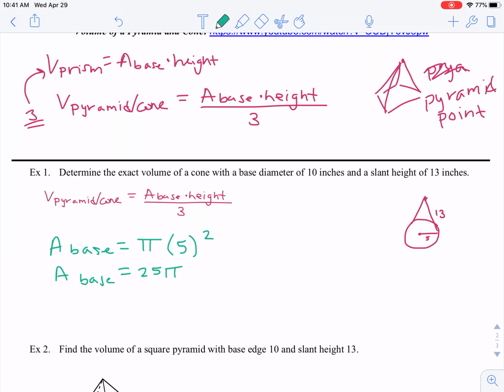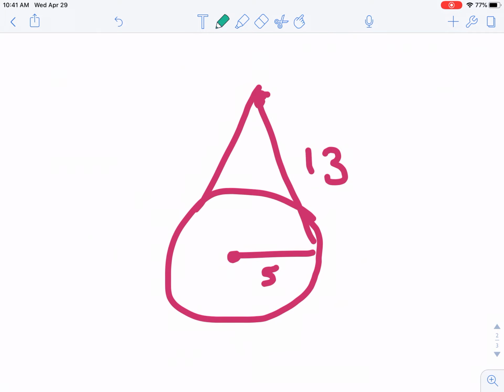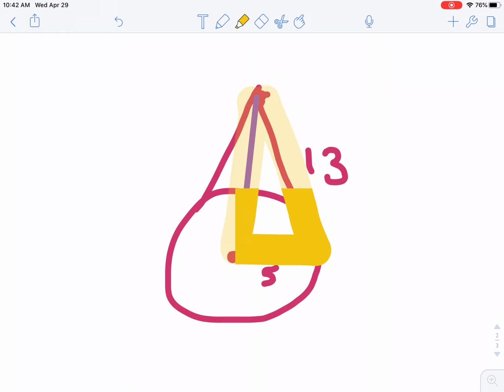One thing we know is that when it just says height, we're always talking about this perpendicular height, okay? So that slant height of 13 is not the height that we're trying to find. But when I draw that height in, that altitude from the top to the center of the base, one thing I notice is that because it's a perpendicular height, I have a right triangle right here.